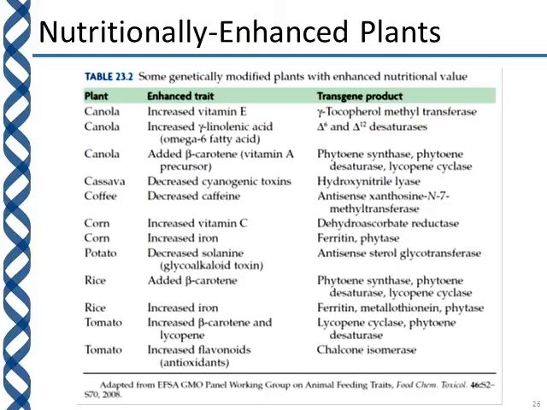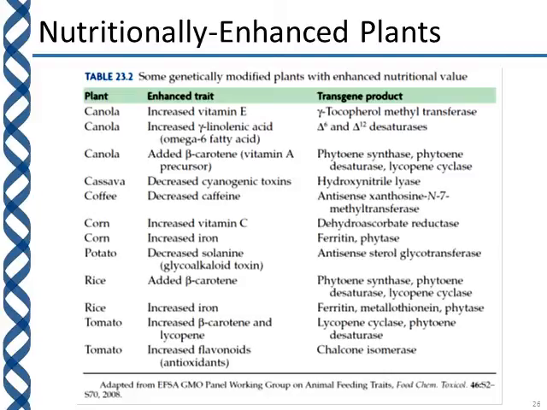For coffee, genetic modification can decrease the amount of caffeine. For corn, you can increase the amount of vitamin C and increase iron. And the tomatoes, you can increase beta-carotene and the lycopene and increase flavonoids or the antioxidants.